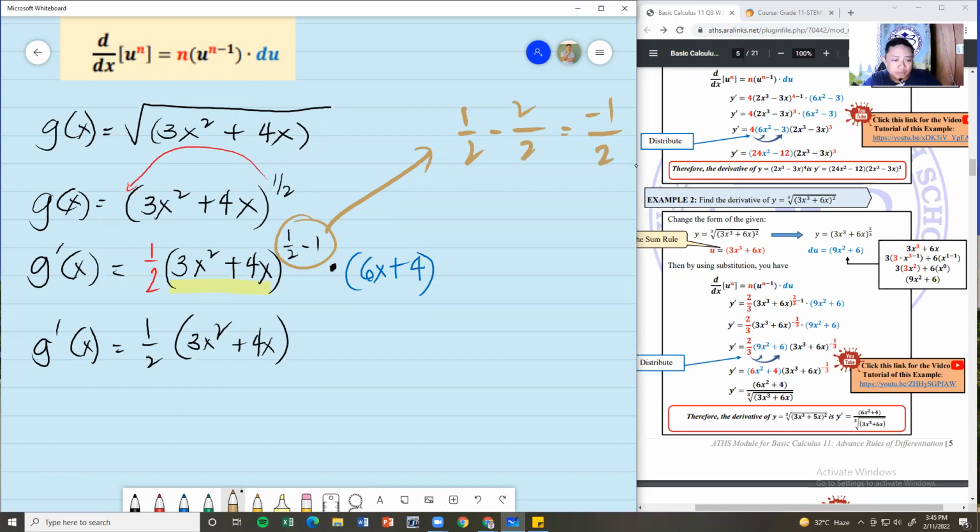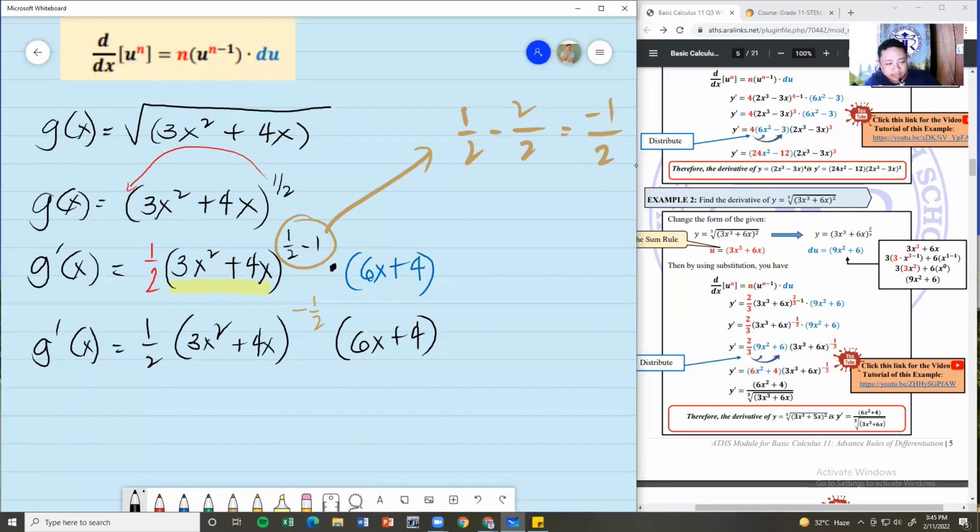Got it? So therefore, your new exponent will be -1/2. Can you follow? Times 6x plus 4. Okay.